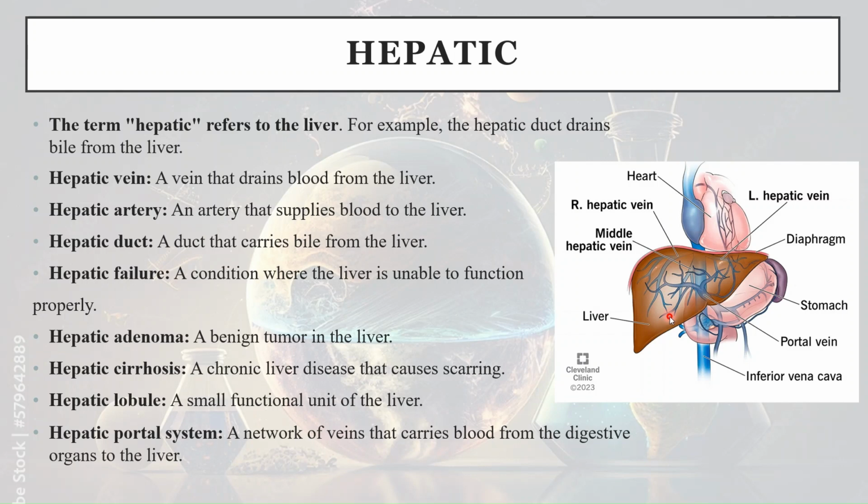Hepatic adenoma: the benign tumor in the liver is called hepatic adenoma. Also hepatic cirrhosis, hepatic fibrosis, lobules, and the hepatic portal system. So these are some scientific words and good examples of hepatic terms.